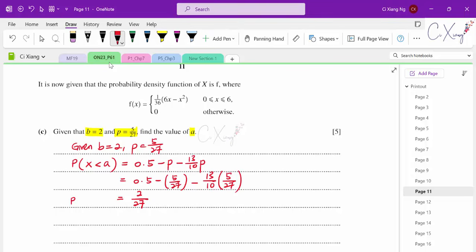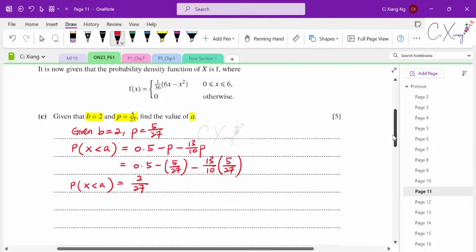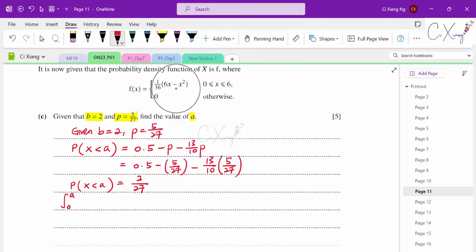For one continuous random variable, how can we calculate the probability? We need to involve integration, still remember? So for the probability of X smaller than A, I want to integrate from 0 until A the probability density function that we have here.